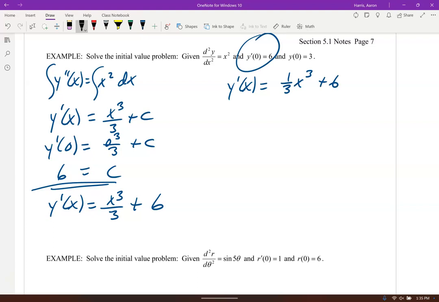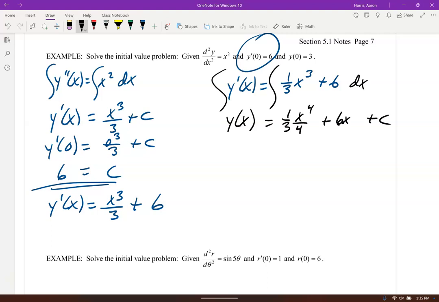I'm going to run the integral now, which will give me back the original y of x. The 1/3 stays there: x to the 4 over 4 plus 6x plus a constant. So it looks like the original function is x to the 4th over 12 plus 6x plus a constant.